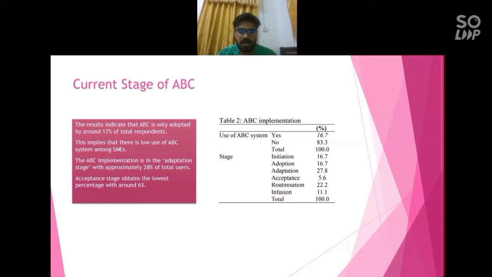The activity-based costing implementation is in the adaptation stage, as I said before, with approximately 28% of total users, and the acceptance stage obtains the lowest percentage at around 6%. So this is all about the table on the current stage of activity-based costing in Malaysian small and medium enterprises.